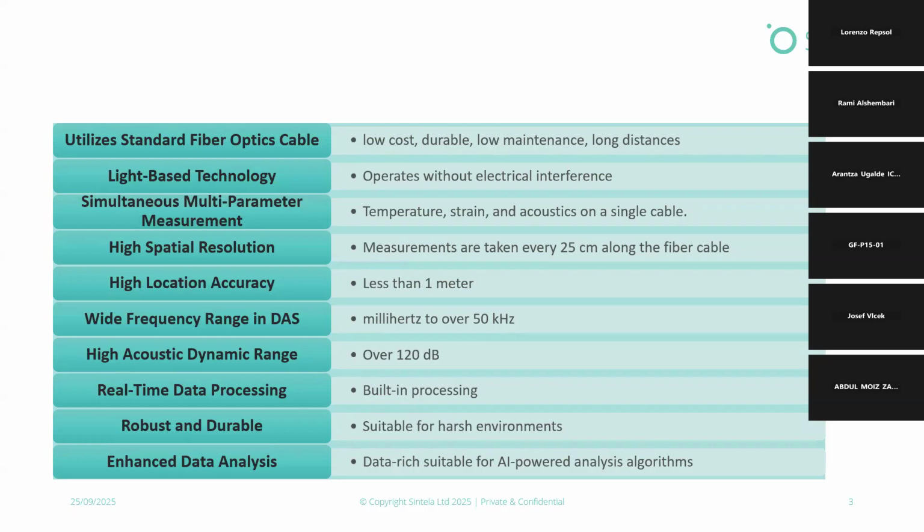For DAS application, which is distributed acoustic sensing, we have a wide frequency range from millihertz to over 50 kilohertz. That really opens up the applications of DAS for seismicity and acoustic measurements. High acoustic dynamic range of over 120 dB.